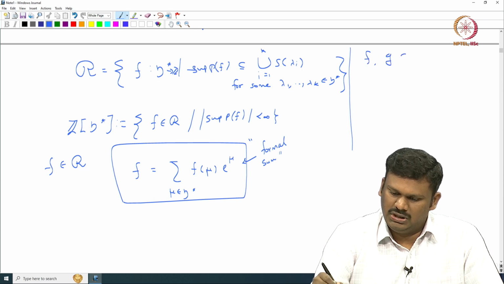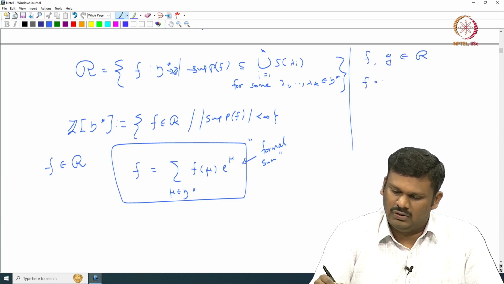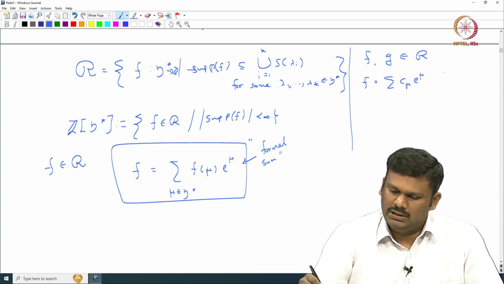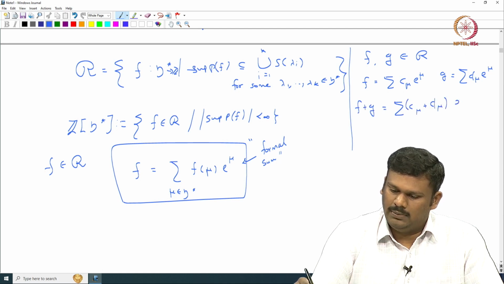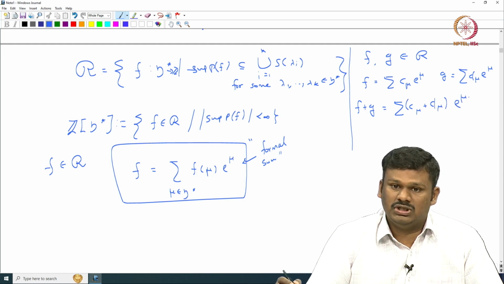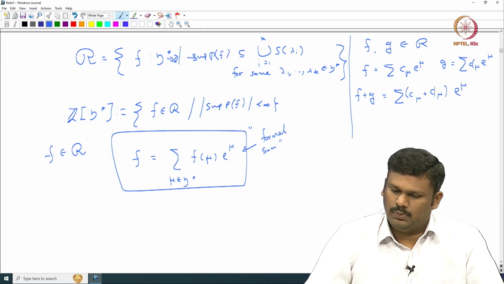Given f and g in R, let us write f equal to summation c mu e power mu and g to be summation d mu e power mu. Then f plus g is nothing but summation of (c mu plus d mu) e power mu. So, that is how f plus g is defined. What about the product?